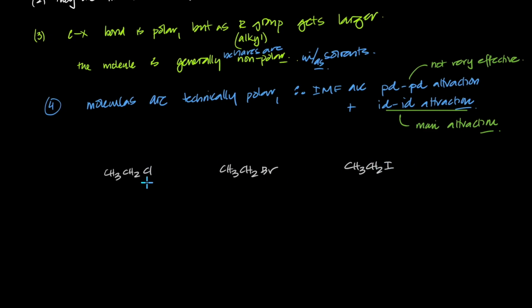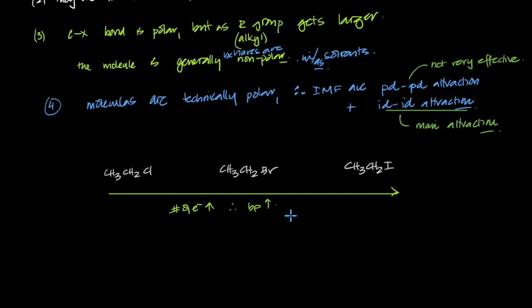Even though Cl is the most polar, as the halogen gets heavier the number of electrons increases, therefore boiling points increase. This proves it's the instantaneous and induced dipoles that matter, because they are controlled by electrons.